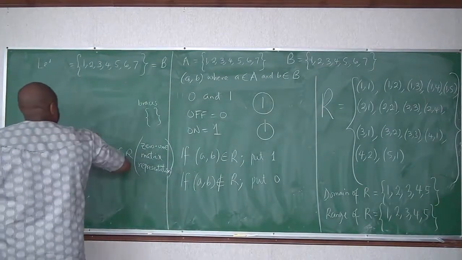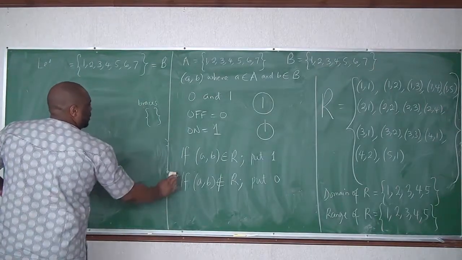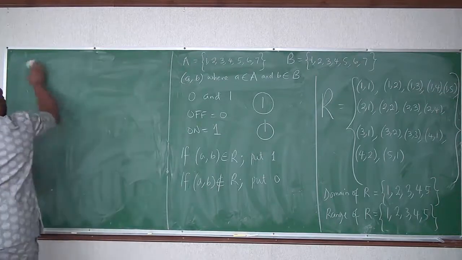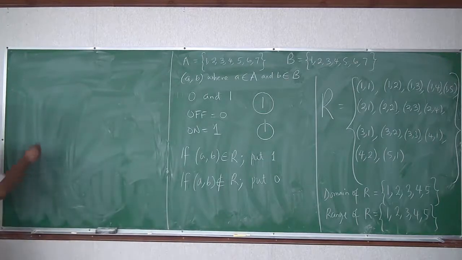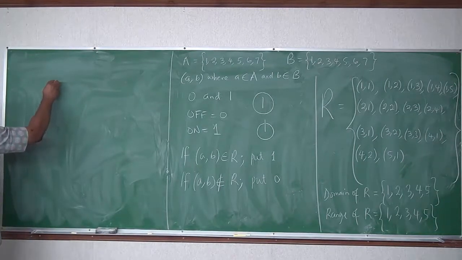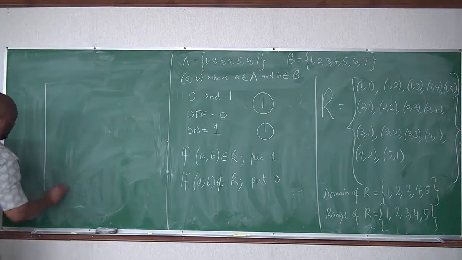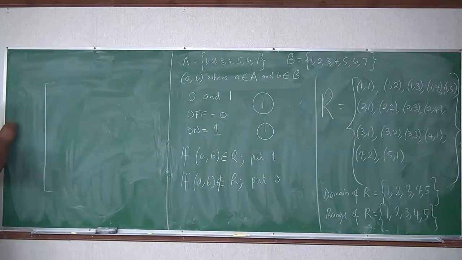Let's do it right here. Let me draw the matrix here. I will have here as my A: 1, 2, 3, 4, 5, 6, 7. You must not put this; I'm just trying to show you an easy way of doing it.